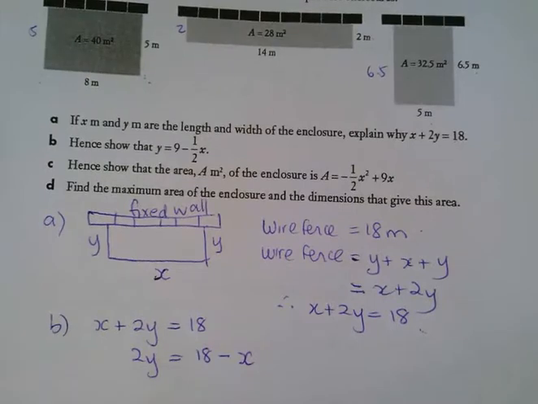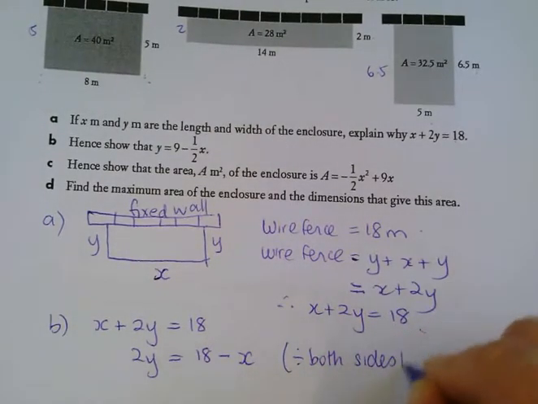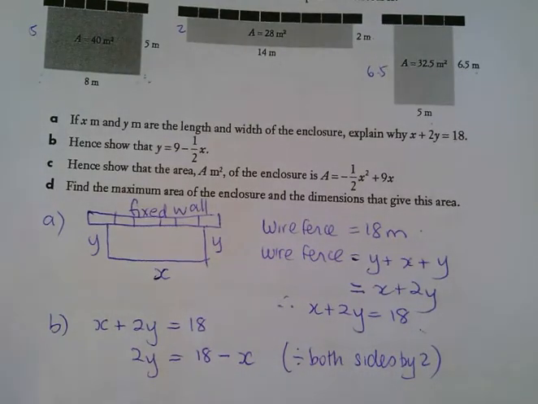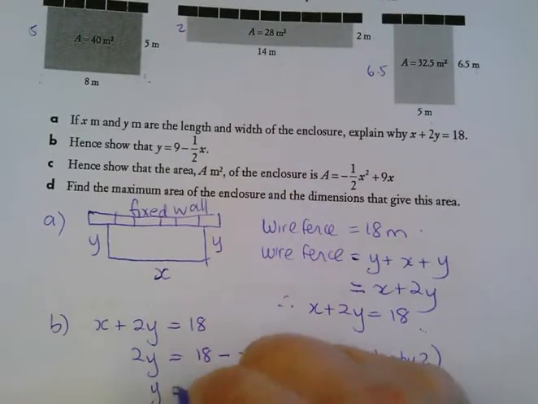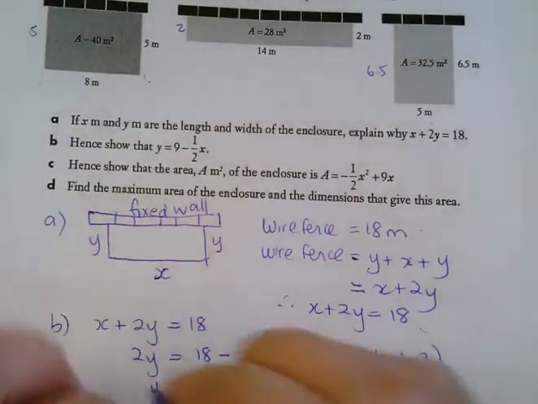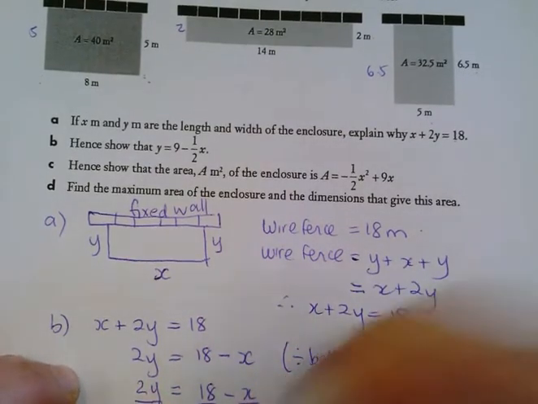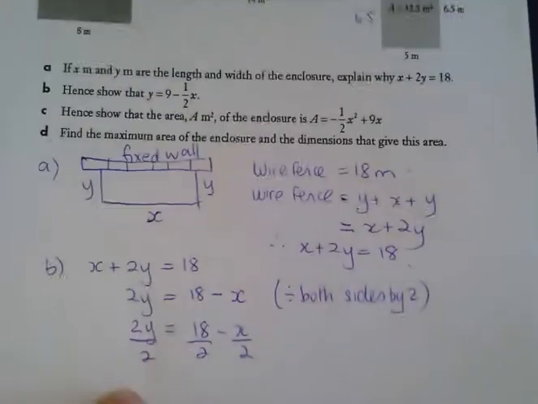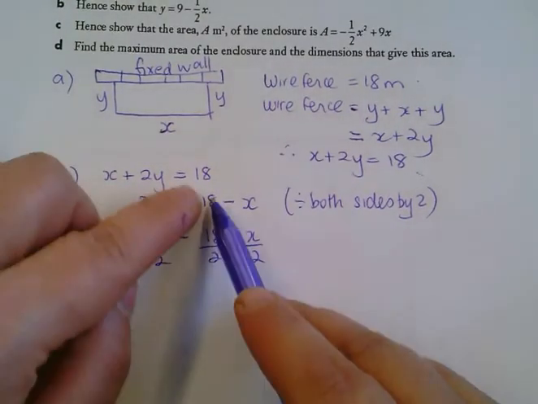Don't I divide both sides by 2? So you're just dividing each thing by 2. Are we okay with this? Divide that by 2, you get y. So I'll put them all over 2. I'm putting each of them over 2 so you can see it. I'm dividing that by 2, that by 2, that by 2.